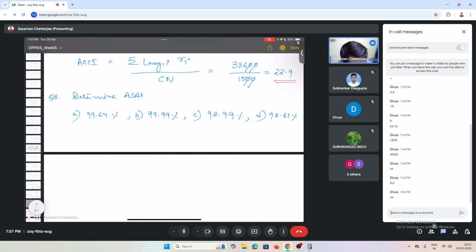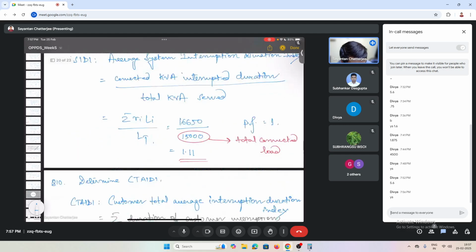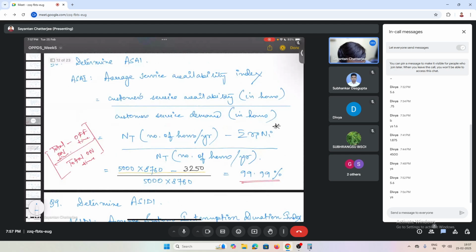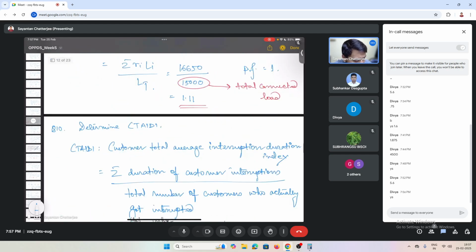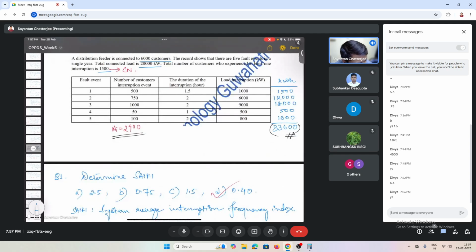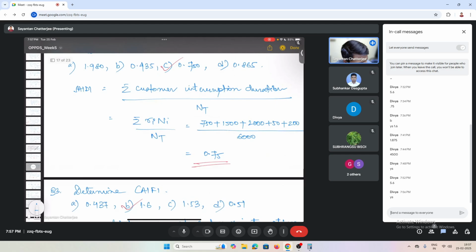We have already calculated ASAI like the previous problem. Here we need to multiply the total number of customers connected with the total number of available hours in a year. That is, the number of hours will be 8760. Already we have seen here. The number of customers was 5000 earlier, and 6000 in this problem. So 6000 into 8760 minus this RINI. So RINI will be coming as 4500, I guess.